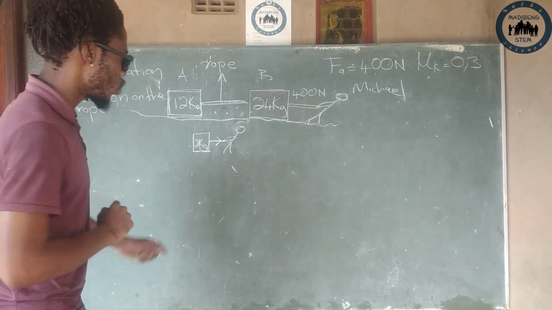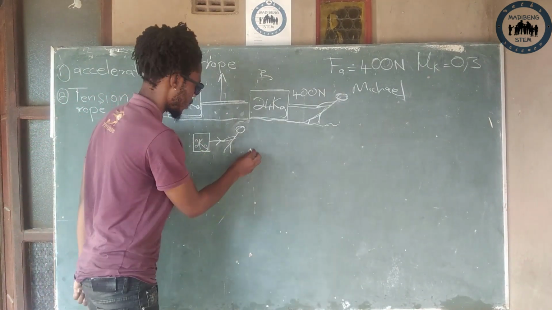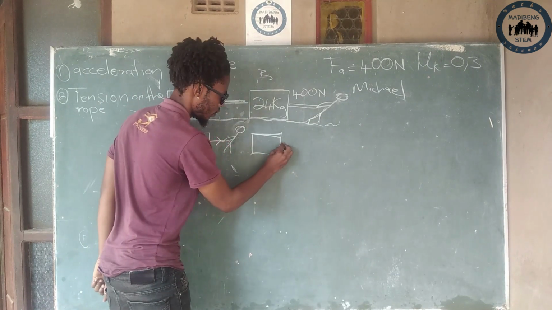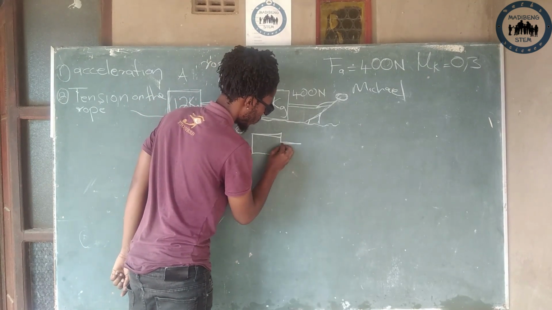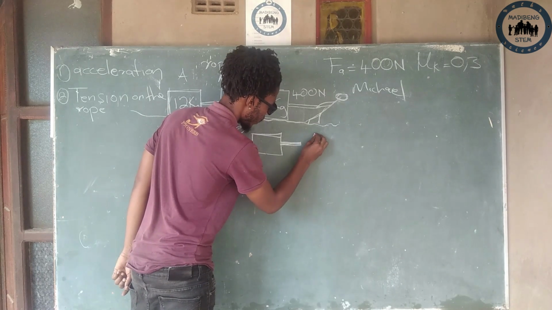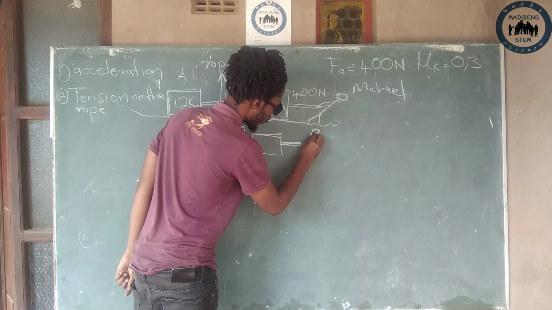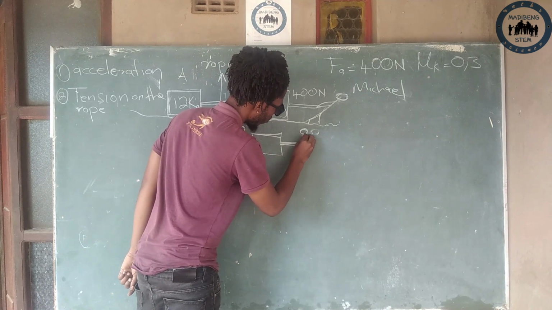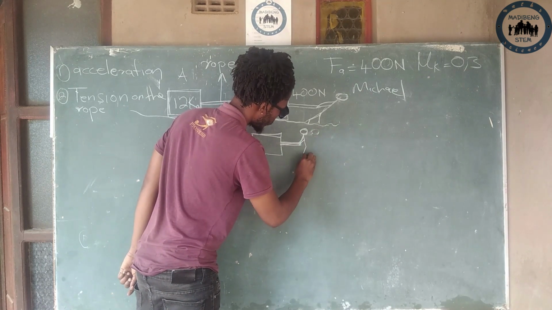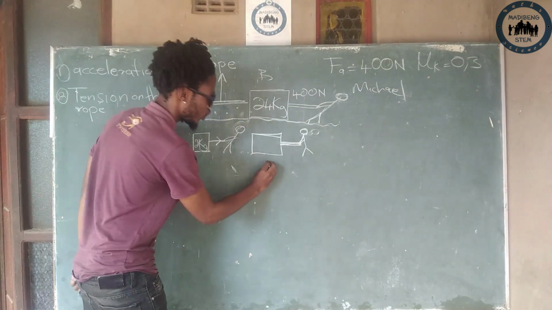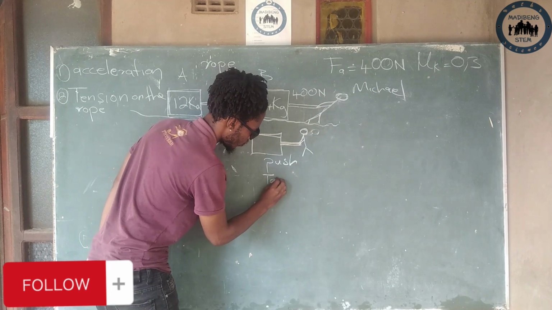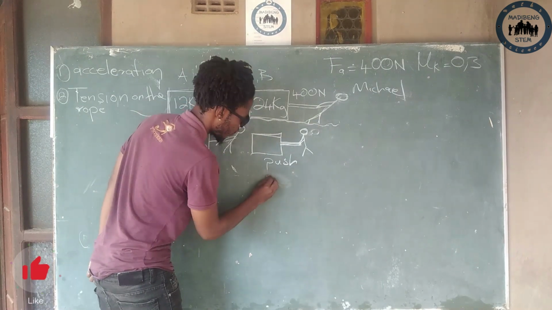You understand? So when you push the object with a steel rod, this is a rod, it's not a string, guys. Now instead of pulling, I'm pushing this object. So when you push, this is not tension, it's compression.